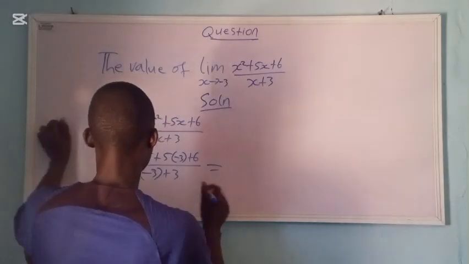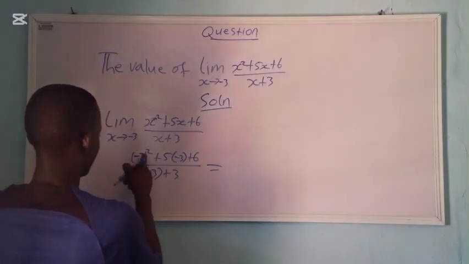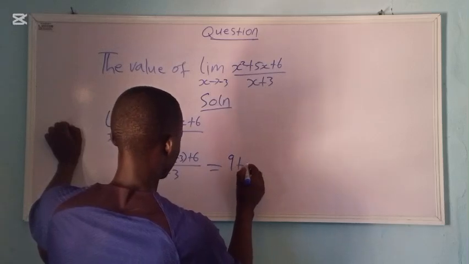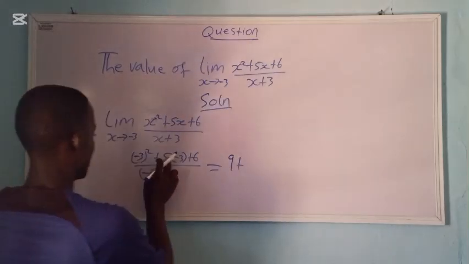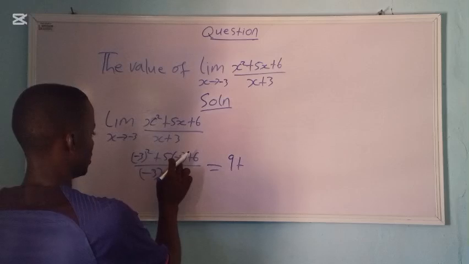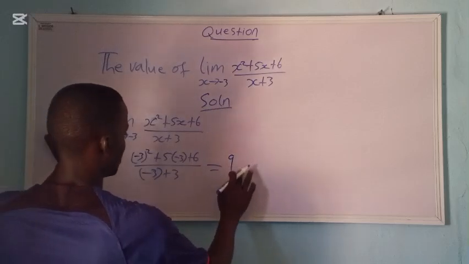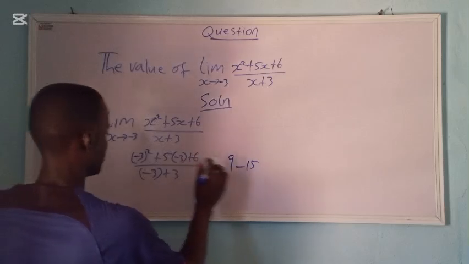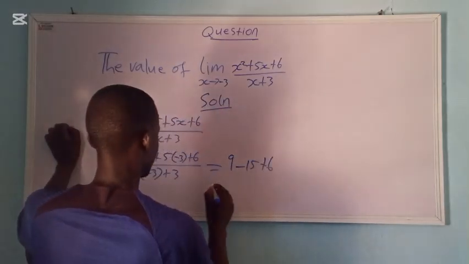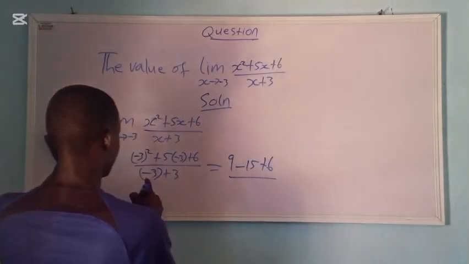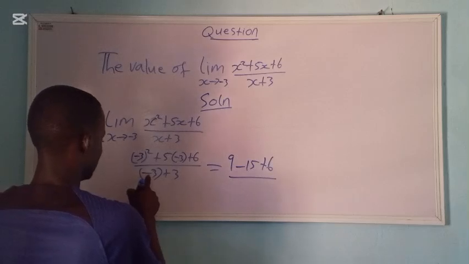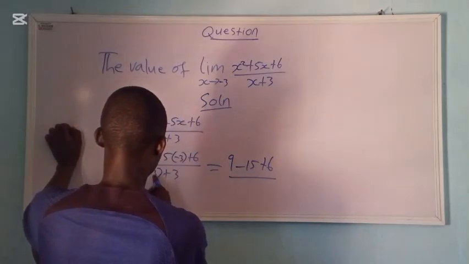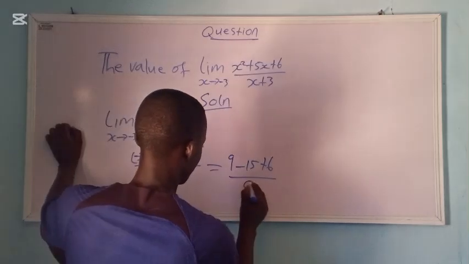So we have is equals to minus 3 raised to the power of 2, we have 9, plus 5 times minus 3 will be minus 15. So now we put plus 6 all over this one. Now minus 3 plus 3, we have 0.